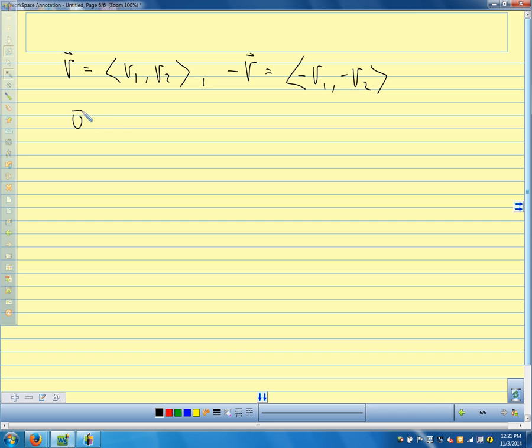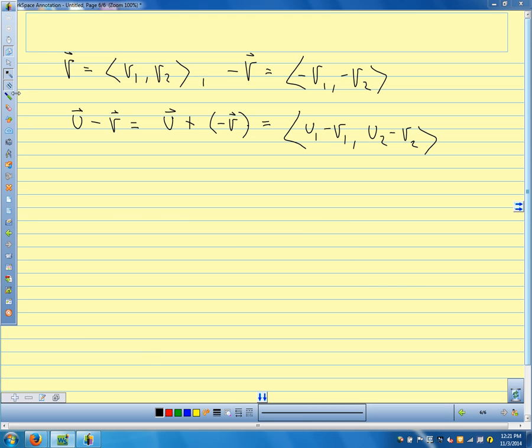So u minus v is the same as u plus negative v. And that's going to be, we subtract the components: u1 minus v1, u2 minus v2. So to subtract vectors, we just subtract their components.